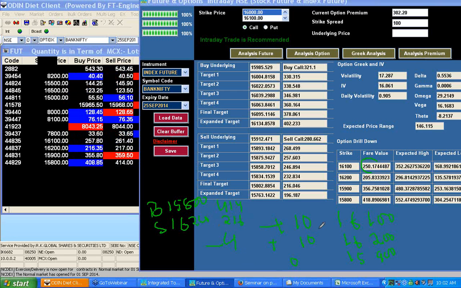If I sell one lot and buy one lot, here my arbitrage value is 4 and here it is 10. So 10 plus 4, 14 points of gain I am expecting at day end.